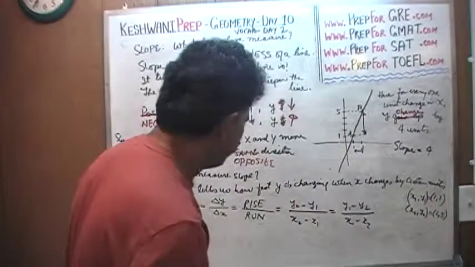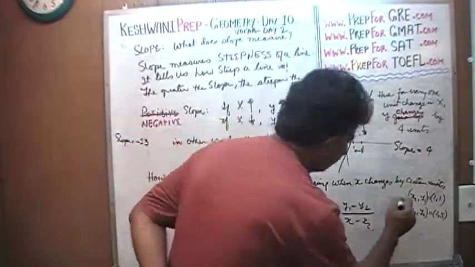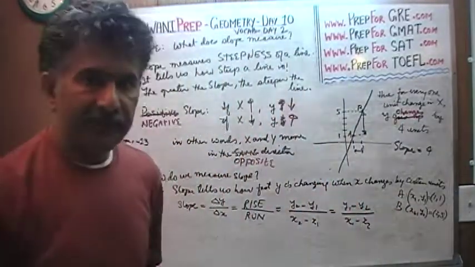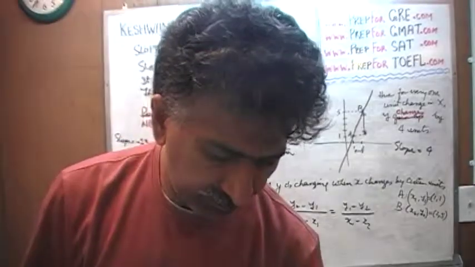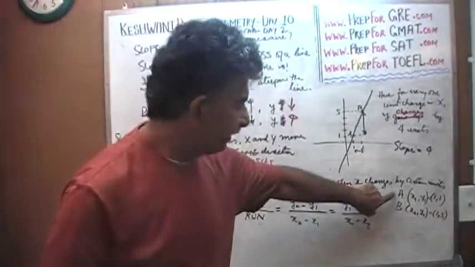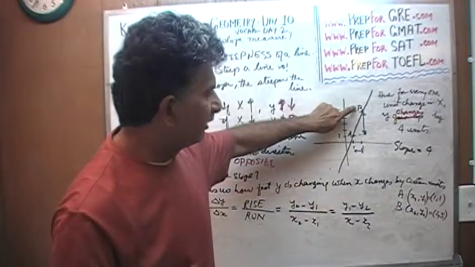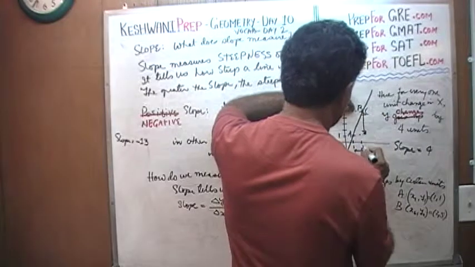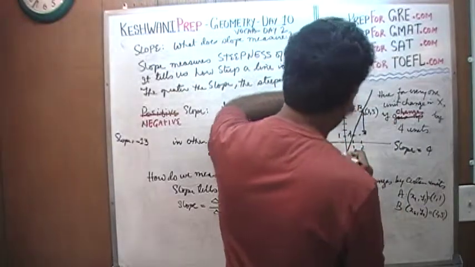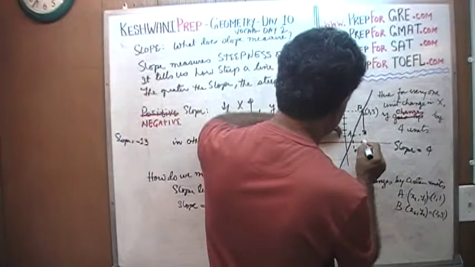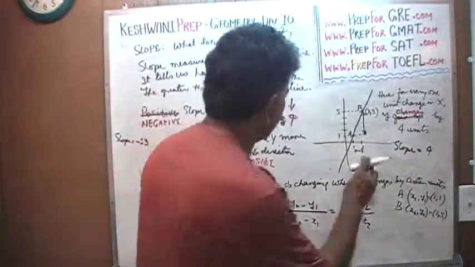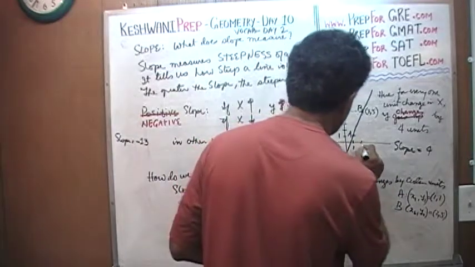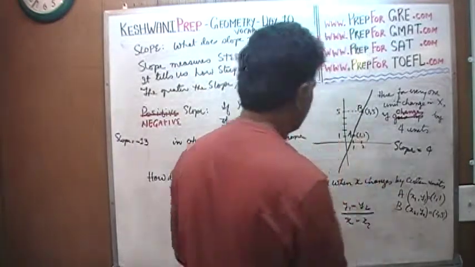Let's see what happens. Let's call them point A and point B. If we were to treat point B as our final point and point A as our initial point, then our journey starts with point A and ends at point B. So the coordinates of this one are 2, 5, and the coordinates of this one are 1, 1.